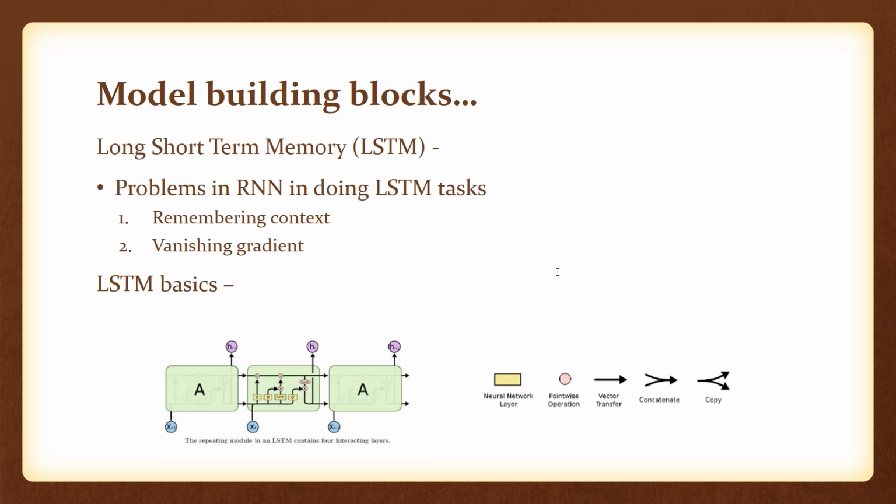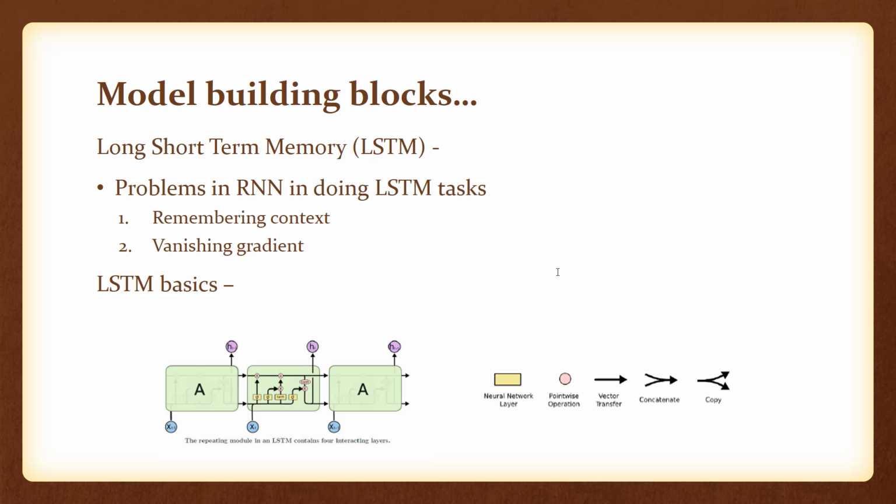For example, they are not very good at remembering a large context, which is typically the case with current problems in NLP tasks. In NLP, our current word doesn't only depend on the words to its left and right, but it can depend on the occurrence of a word which was, say, 5 time steps back or 5 time steps after. So basically all natural languages have these kinds of dependencies, and RNNs are not very good at handling that.